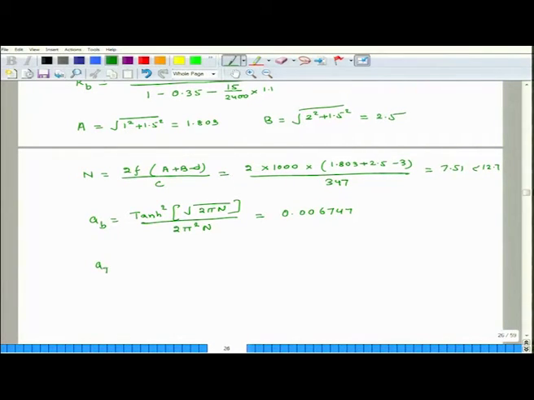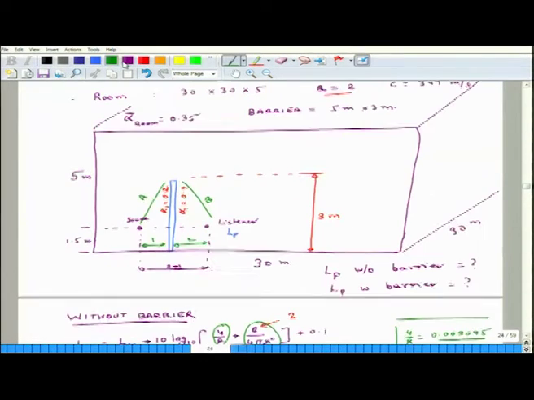and then AT, which is the transmission coefficient for the barrier, is what? 10 to the power of minus transmission loss by 10, and the problem tells us, okay, maybe I did not specify earlier, which is my mistake, transmission loss for this barrier we are specifying it as 31 decibels at 1000 hertz.